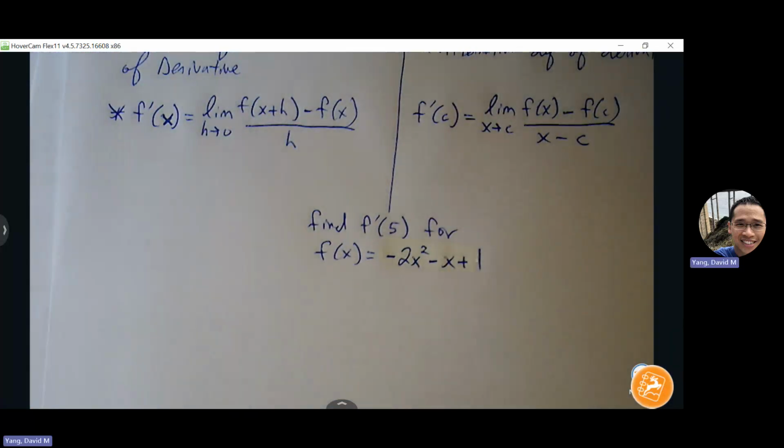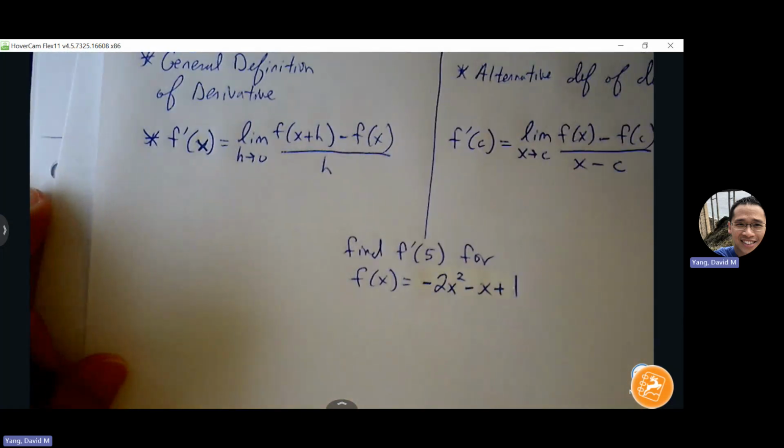Obviously, you can find this very quickly using power rule, but it's good to know how to set things up if I ask you for something in one of the definitions, or if something is presented as one of the definitions, to be able to interpret it and pull out what it's asking for. So why don't we just start from scratch?